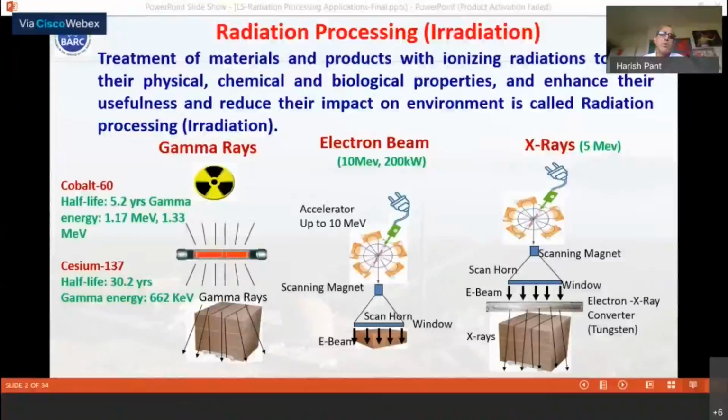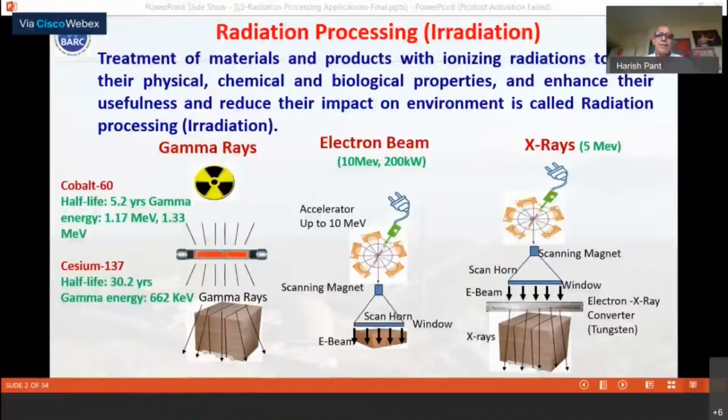So in radiation processing, we irradiate various materials, various products to enhance their useful property, and then use them for various applications. This is called the radiation processing application.